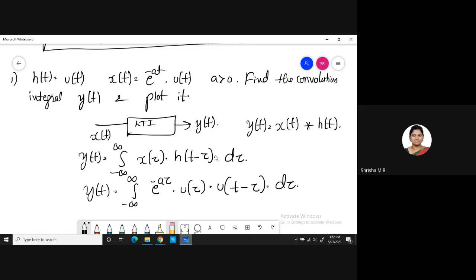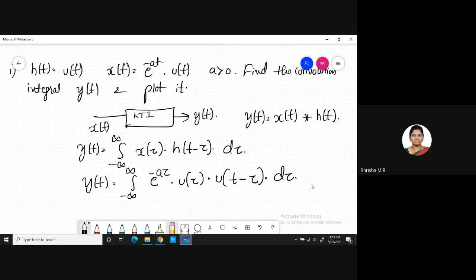Got it? The h of t term is u of t, the x of t term is e power minus at into u of t. In the x of t term we are replacing t with tau, and in the h of t term, u of t, we are replacing t with t minus tau. Clear?